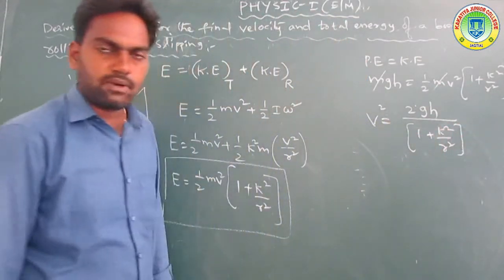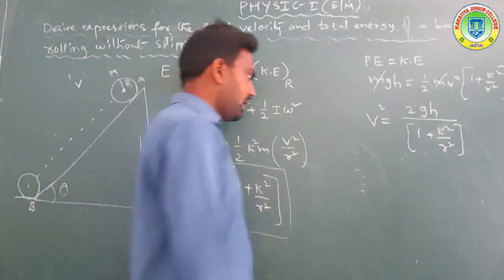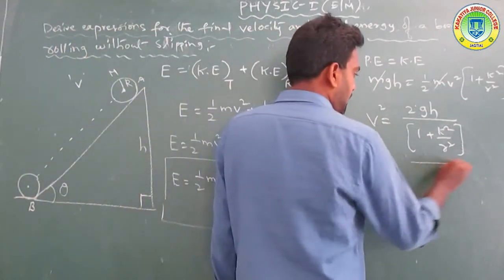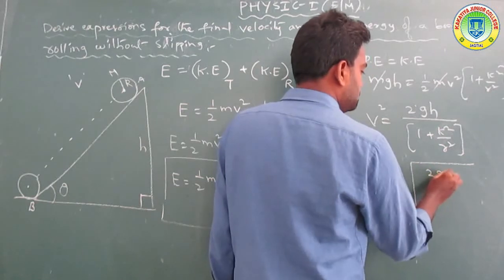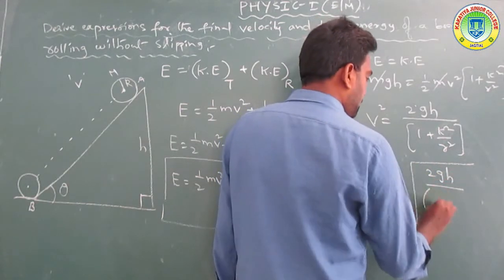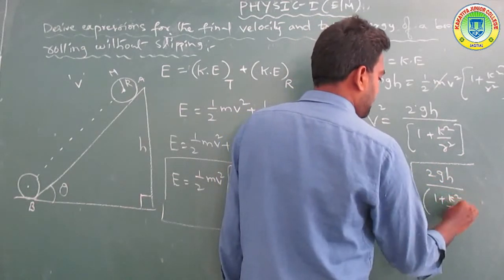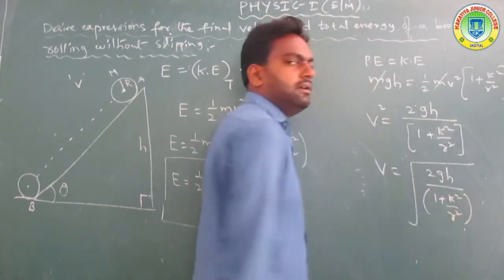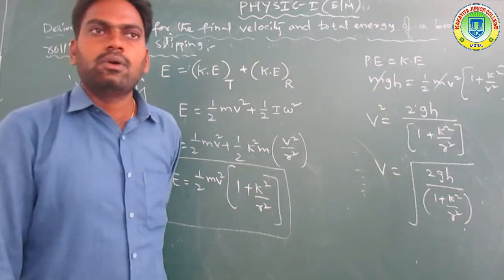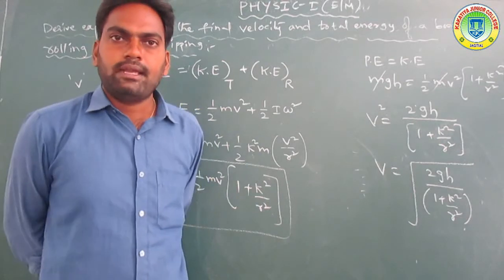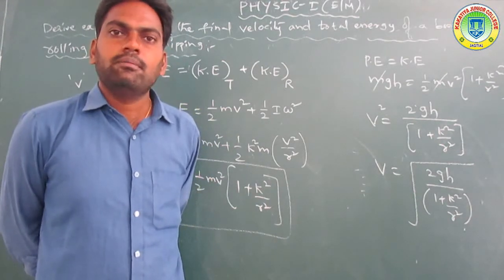Now V is equal to the square root of 2gh by 1 plus K square by R square, which is the final velocity of the rolling body.